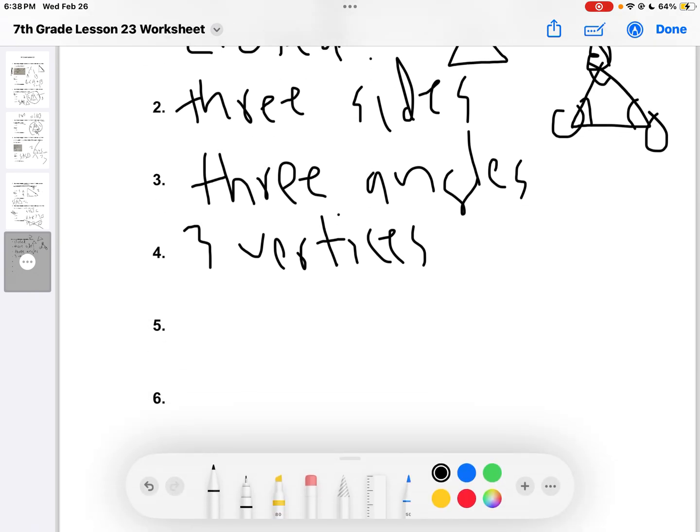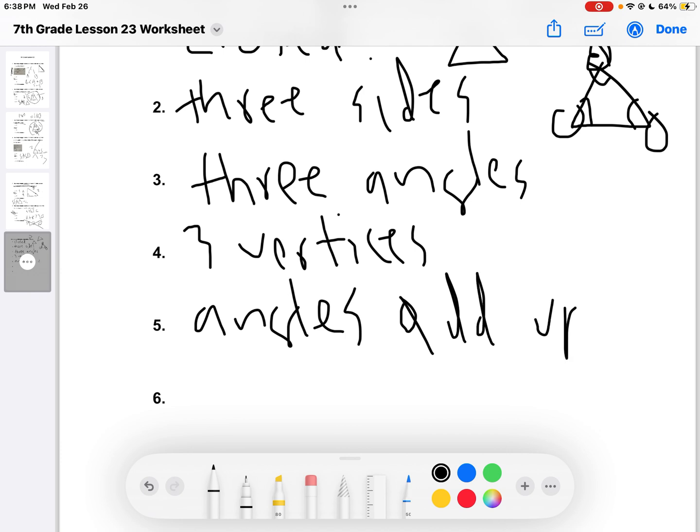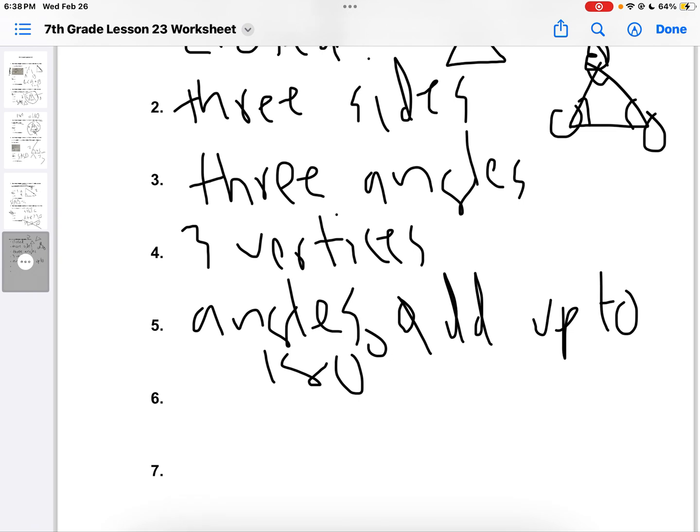And number 5, the angles must always add up to 180 degrees. And number 6, the sum of 2 sides must be greater than the remaining side.